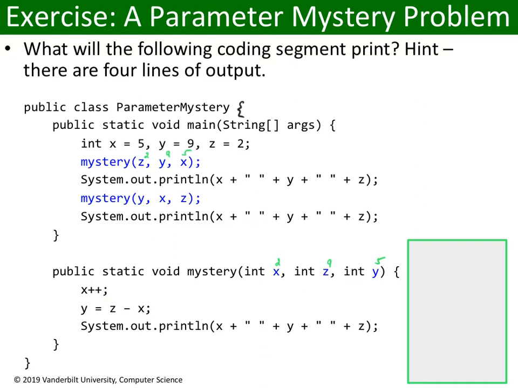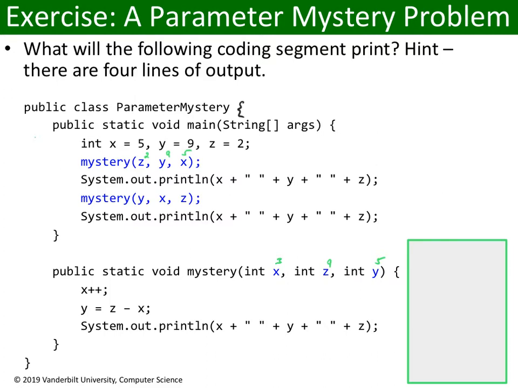So this is a post-increment operator, but it's the only thing in the statement, so it has the effect of incrementing x. So we wind up with x being 3. So rather than write it over here, we'll keep it here. So x is now 3. Then we assign y the value z minus x.